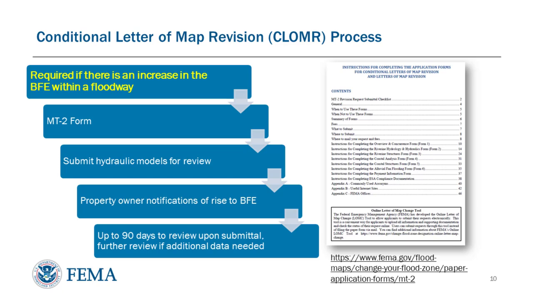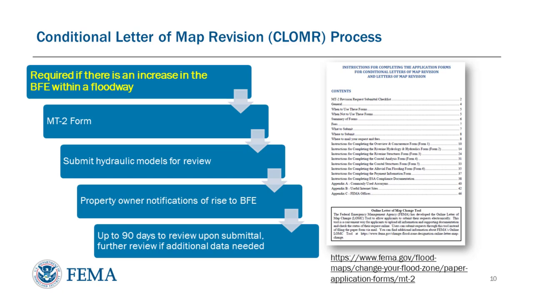But as with everything, and one of the reasons why I love working with rivers is that they're all different. When you're working with different rivers in different areas, different communities will have different added regulations. What I've been talking to you about today is the minimum regulations that FEMA provides to the community, but many communities can actually have additional requirements.